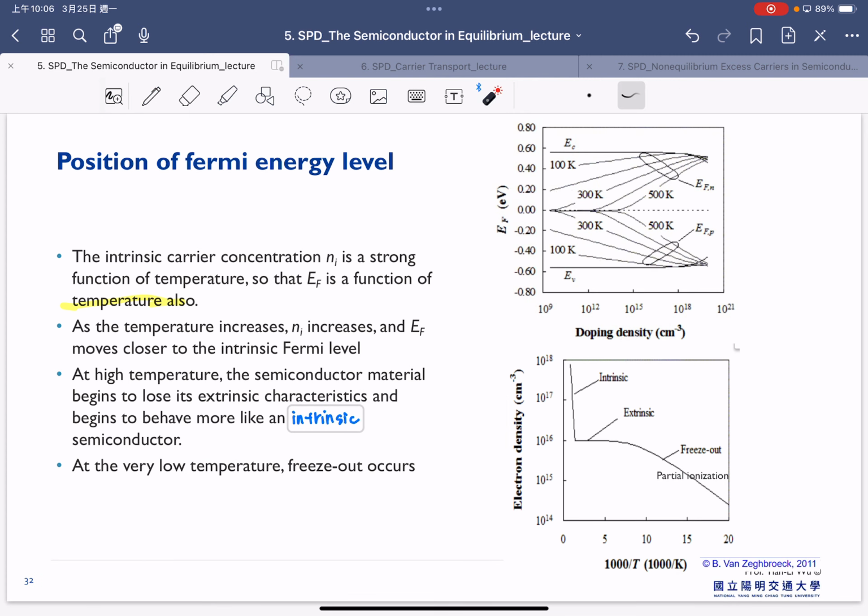You can see this is electron density versus temperature. Since the axis here is 1000 over T, this side is high temperature and this side is low temperature.